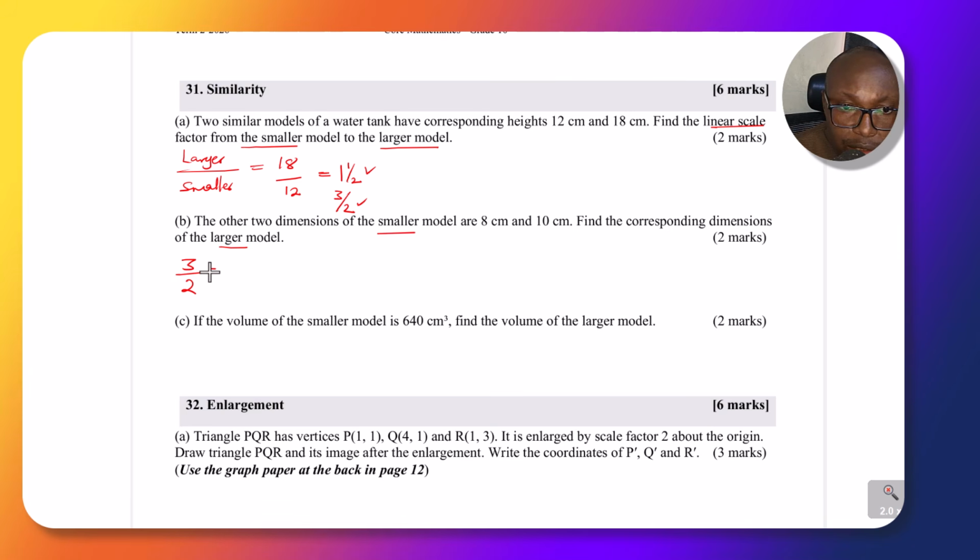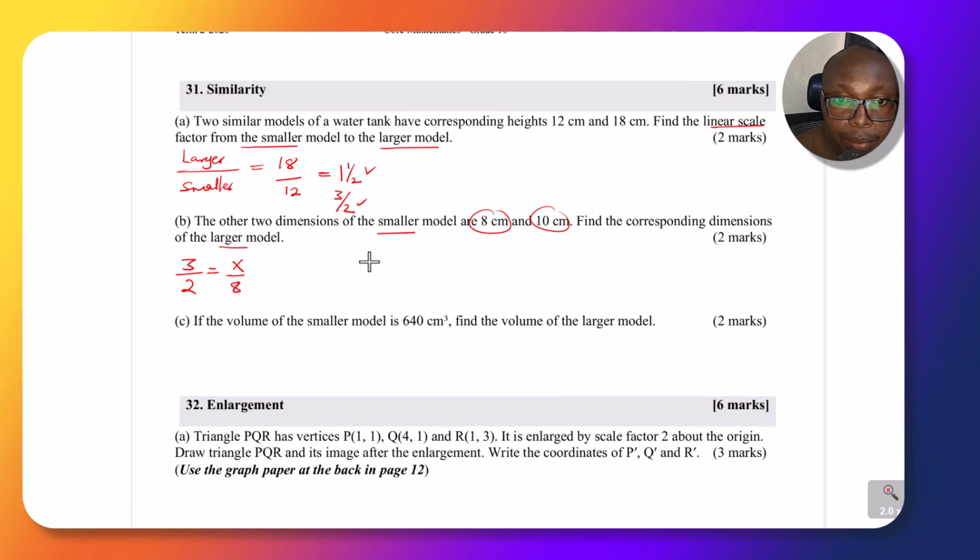So in this case, both of these are smaller models, 8 and 10. When we have the dimension as 8 centimeters, that is on the smaller model. What will be the dimension of the larger model?